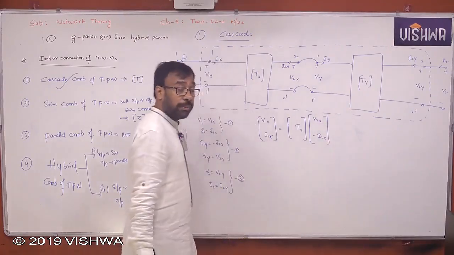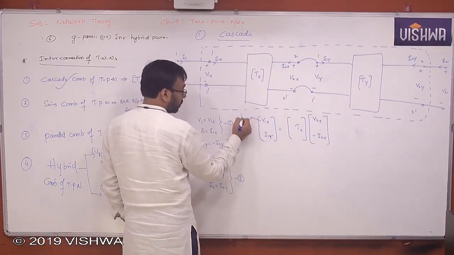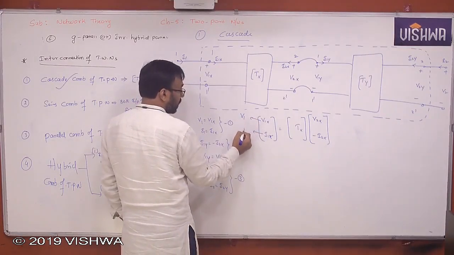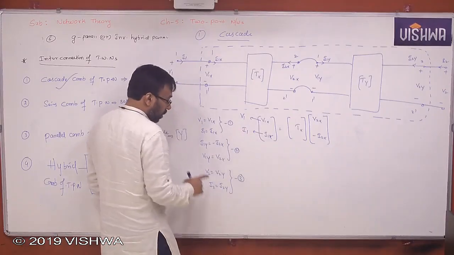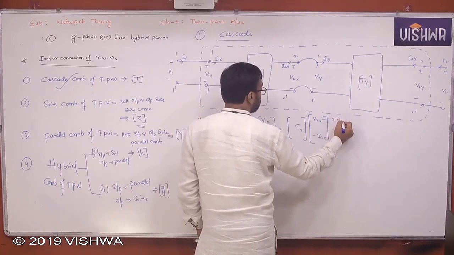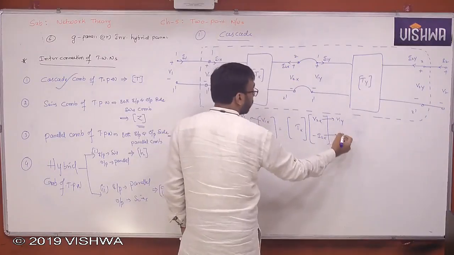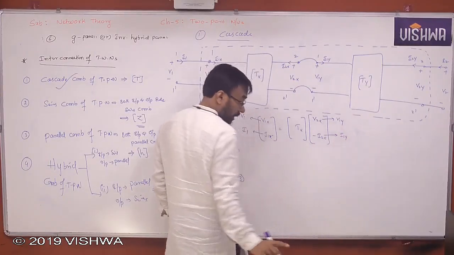Yes or no, all of you, okay? But you already know that V1x is nothing but V1. I1x is nothing but I1. V2x is nothing but V1y. Minus I2x is nothing but what? I1y. Yes or no, all of you, okay?